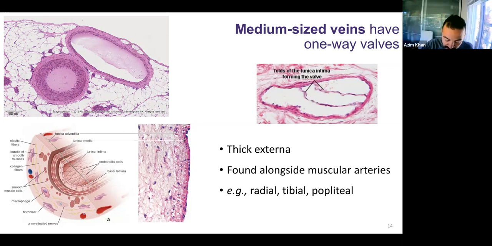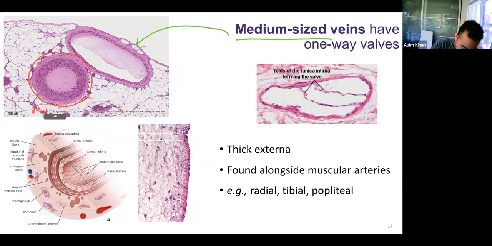You can see the difference in medium-sized veins compared to a muscular artery, which I'm circling in red. Muscular artery has a very thick tunica media. Medium-sized veins, thin walls on the whole, but large diameter.